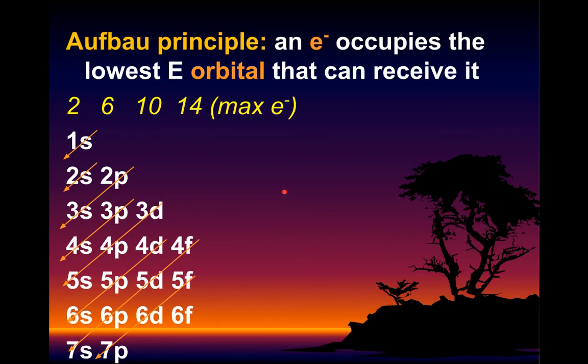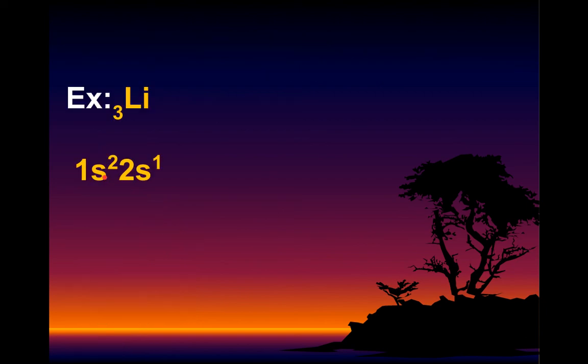Oxygen. So go back. We can put 2 in here, we can put 2 in here, we can put up to 6 in here. So 2 and 2 is 4. Add 6, that's going to be too many. We don't need that many electrons. We just need 8 for oxygen. So this last orbital doesn't have to be full.